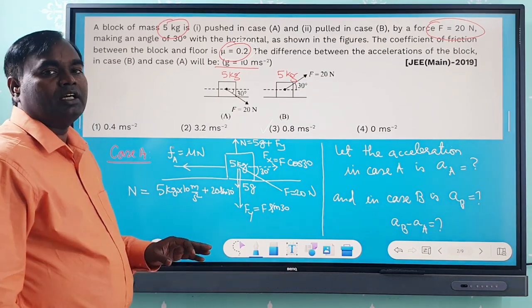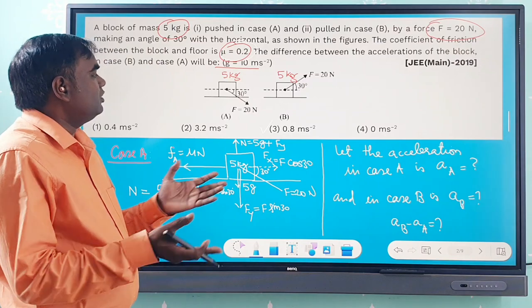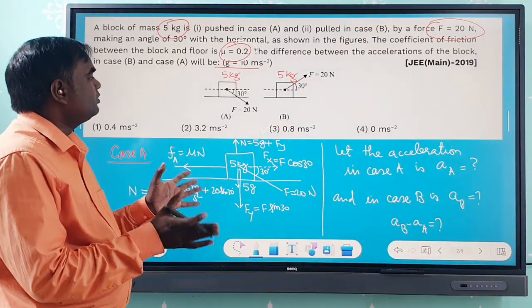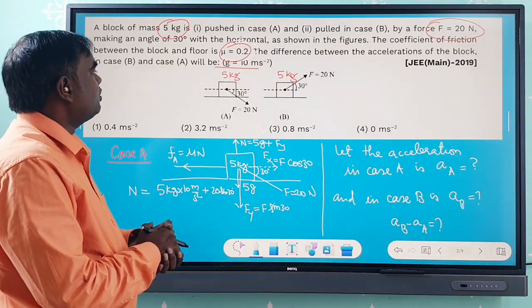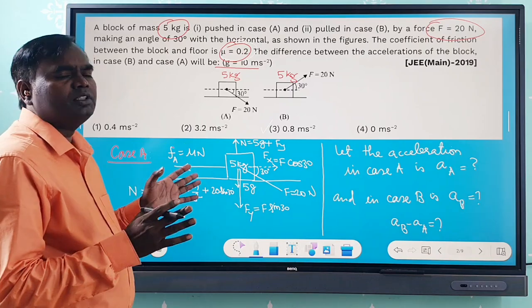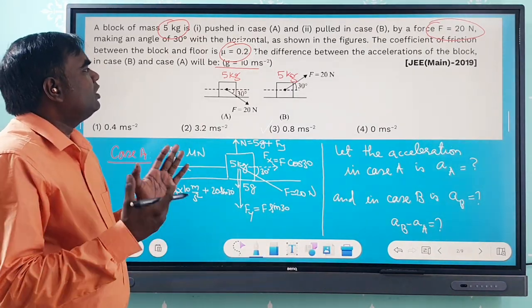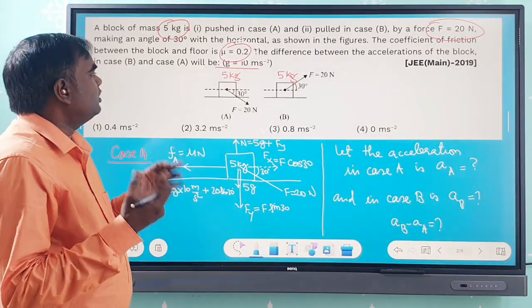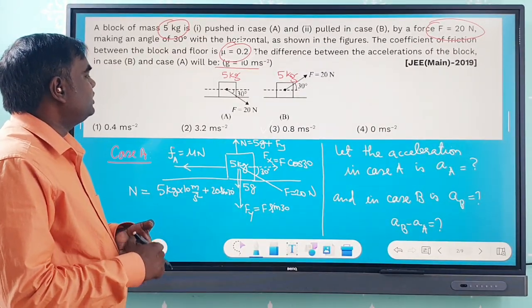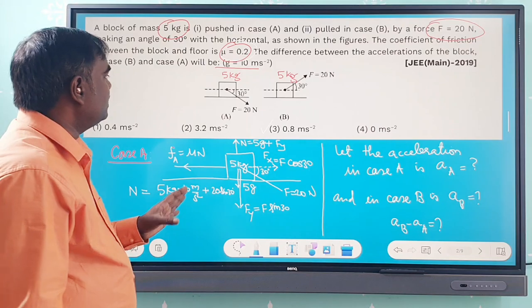So बच्चों, I hope that you understand this whole process of solving the problem, and this problem is very typical and used to come regularly in most of the exams, and this is not so tough.